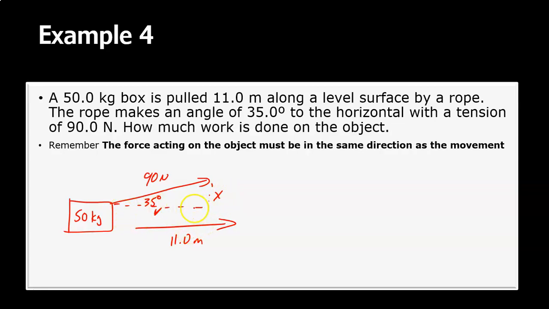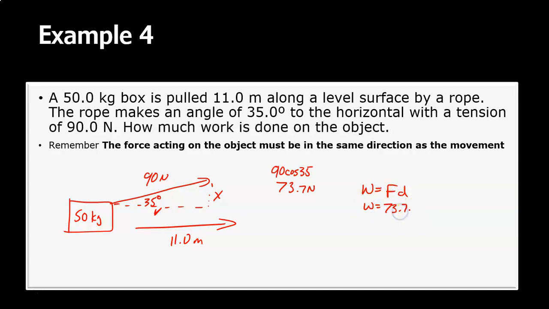So to find the horizontal component of the force, that is going to be 90 cos 35. Which means the force being applied in that direction is 73.7 newtons. So now the work done is just force times the displacement.